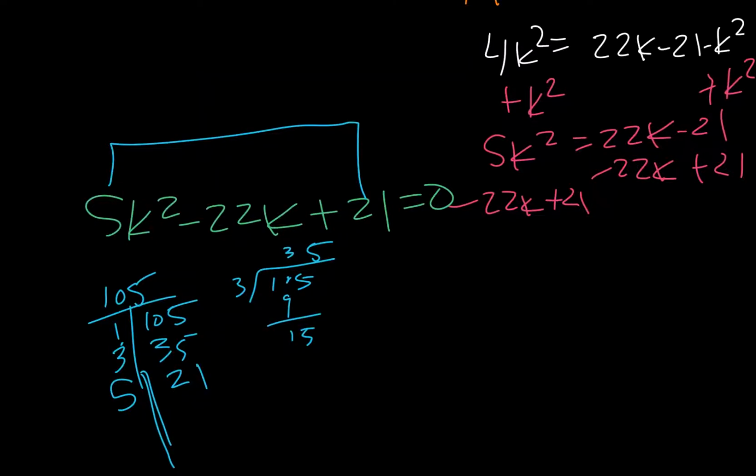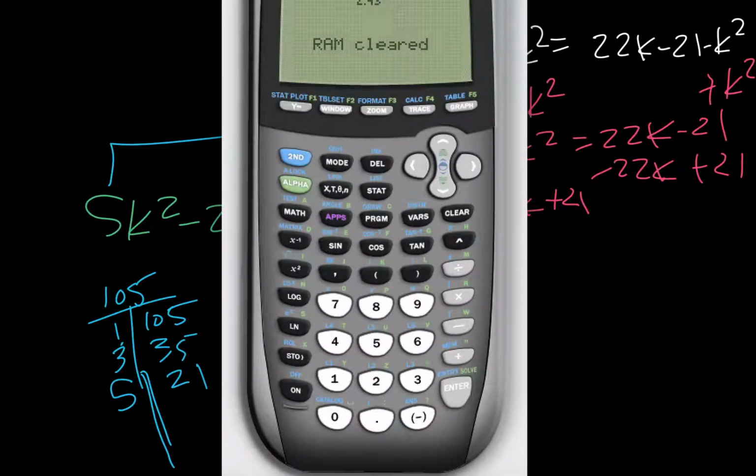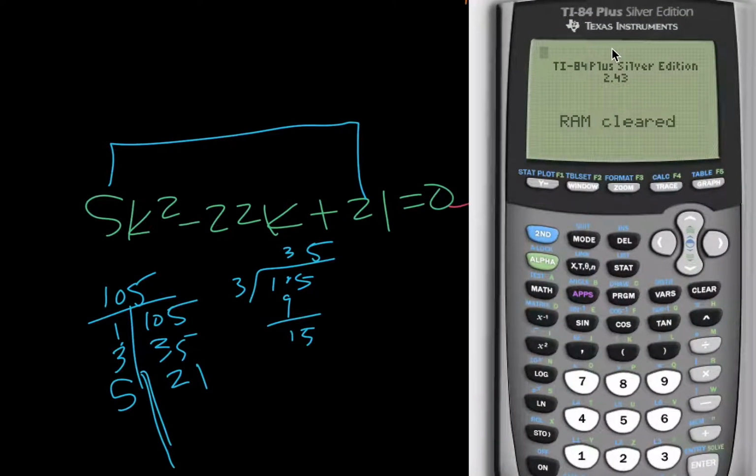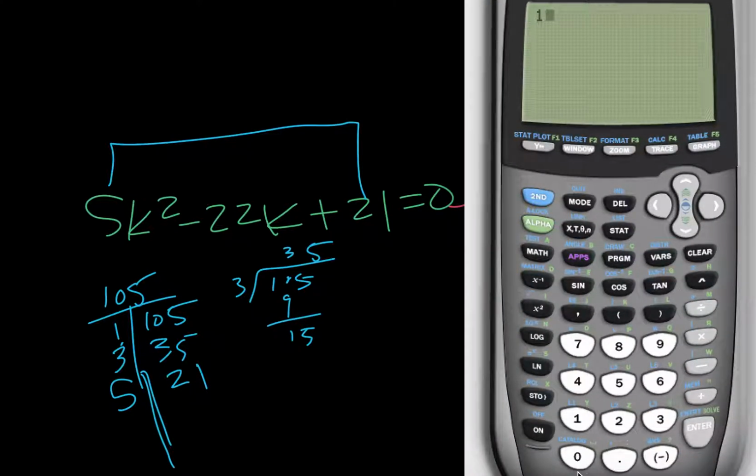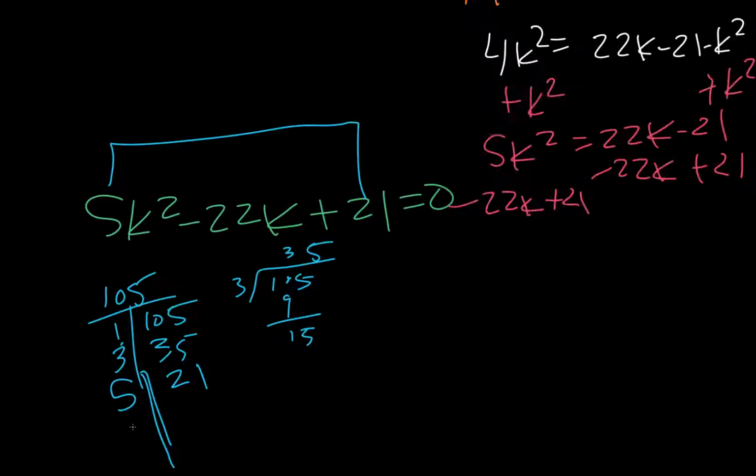I'll reopen this. Pull this up. Use our friendly calculator. Okay. So let's do 105 divided by 7. Oh, there we go. 7 and 15. So that's actually the one we want.